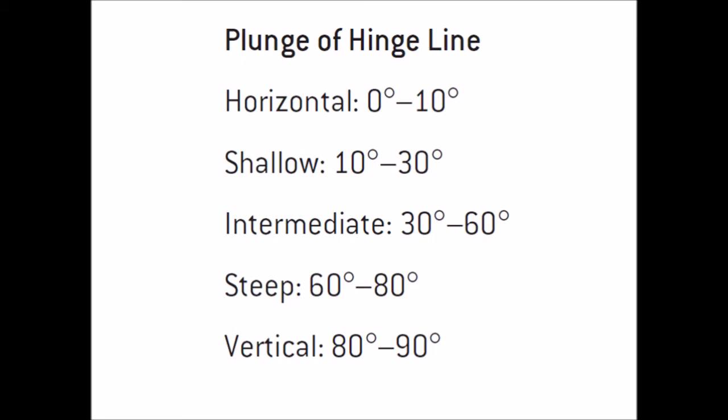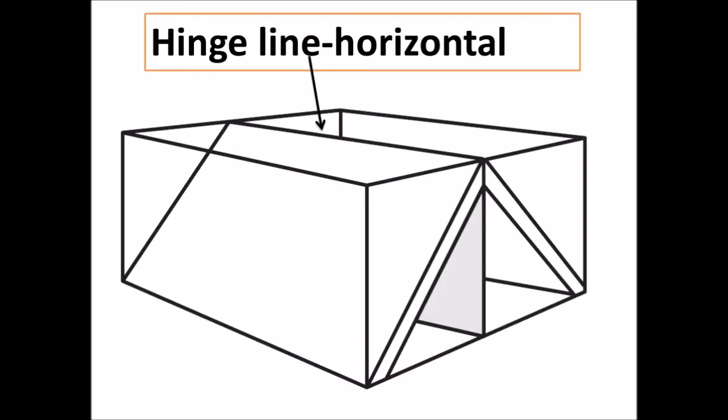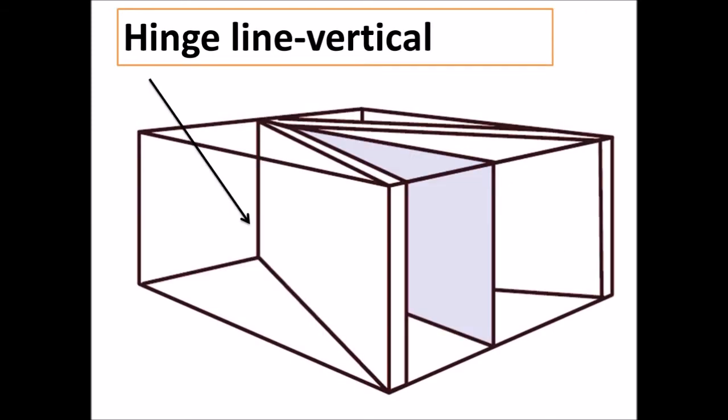Then up to 30, it will be called a shallow fold. 30 to 60, it will be called an intermediate fold. 60 to 80, steep, and 80 to 90, vertical fold. So here we can see the hinge line is horizontal, so this is a horizontal fold. Next, in this figure we can see the hinge line is vertical, so this is a vertical fold.